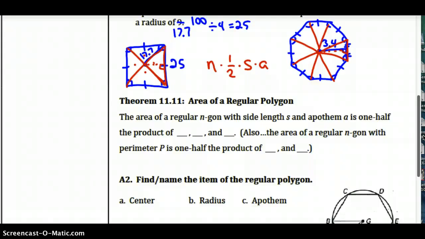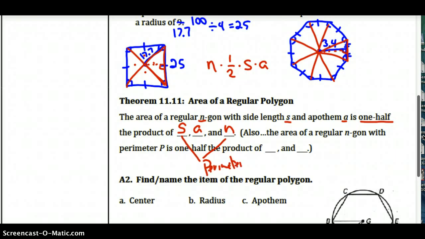So it says here that the area, with an apothem of A, side length of S, and N sides, is 1/2 S, A, N. I just put the letters in a different order. 1/2 SAN is a good way to remember it. If I take the number of sides times the length of the sides, I get perimeter.